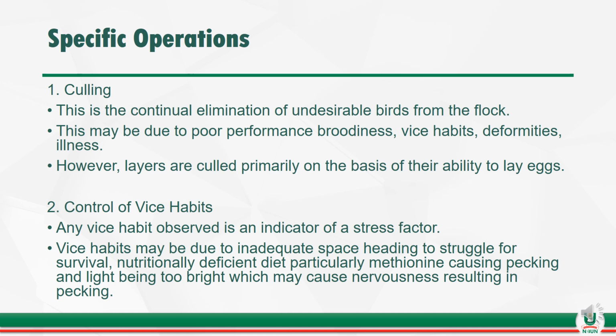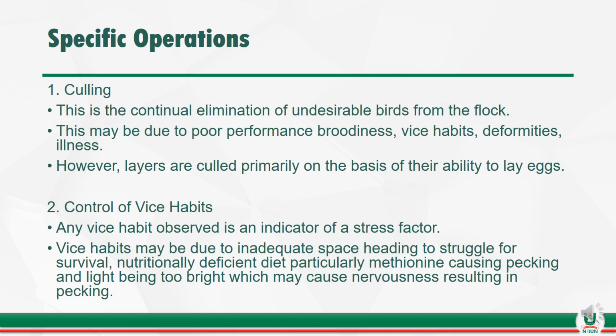Now, this may be due to poor performance, vice habits, deformities, illnesses, and so on and so forth that you may find in your layer beds. However, layers are culled primarily on the basis of their inability to lay eggs.